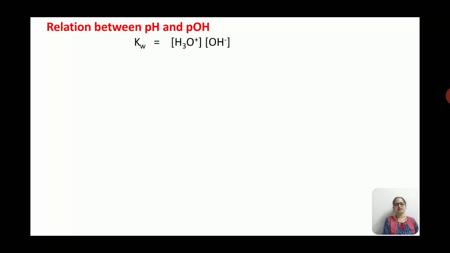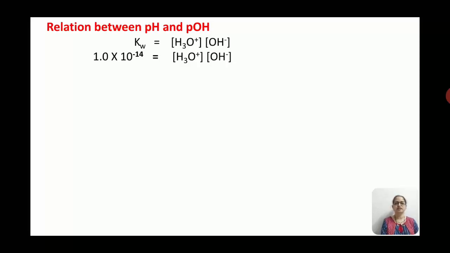Now, as studied previously, we can write the equation Kw is equal to the molar concentration of hydronium ion multiplied by the molar concentration of hydroxide ion. What is Kw? It is the ionic product of water. The value of Kw is, you know, at 298 Kelvin, 1 into 10 raised to minus 14.